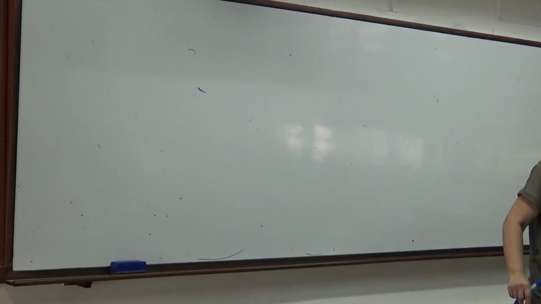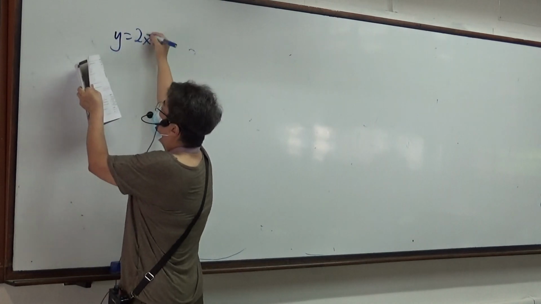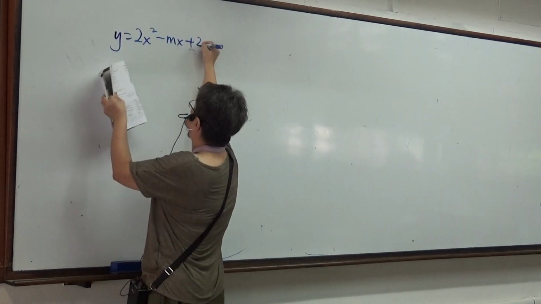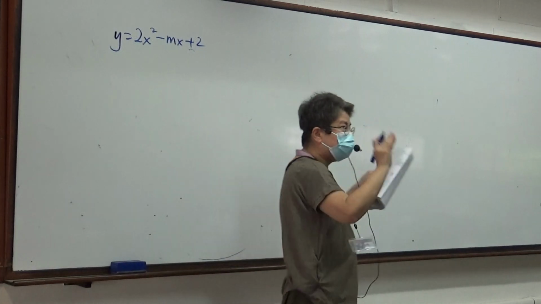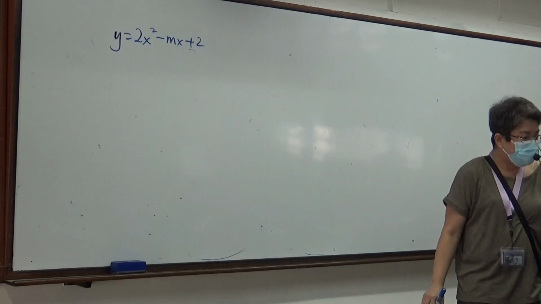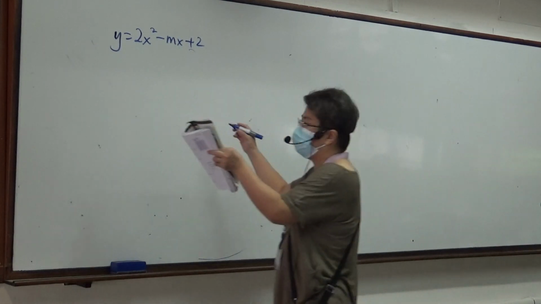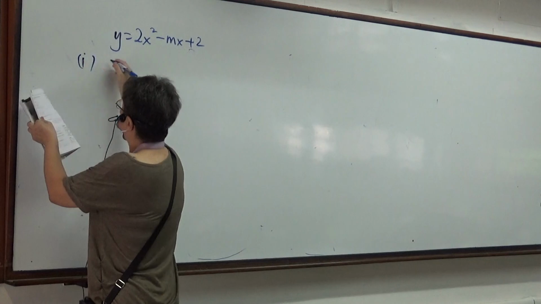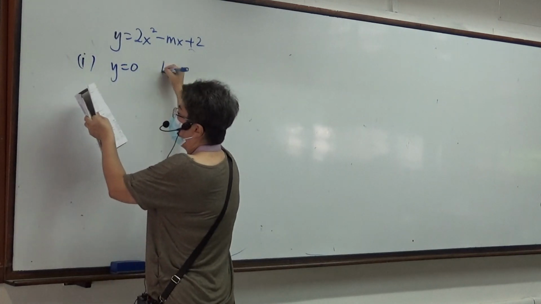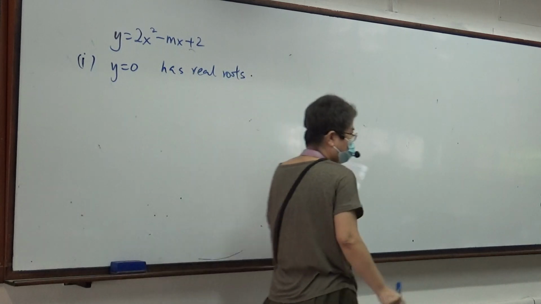Okay, first thing. The equation of a curve is y equals 2x squared minus mx plus 2. So this is the equation of a curve. Find the values or range of values of m for which, part 1, y equals 0 has real roots.